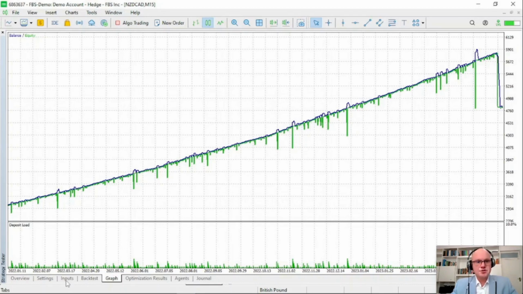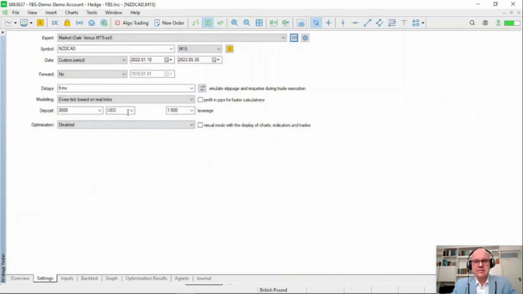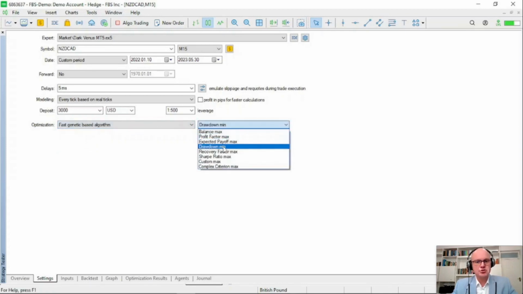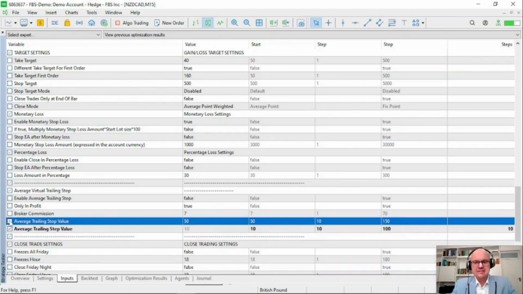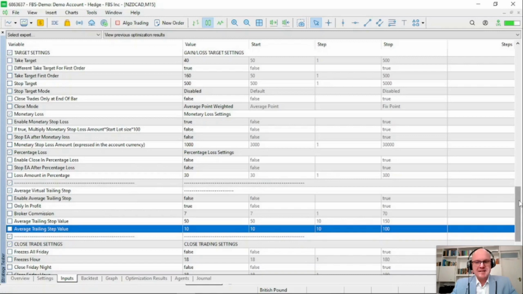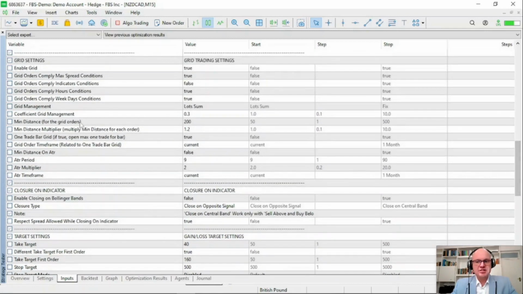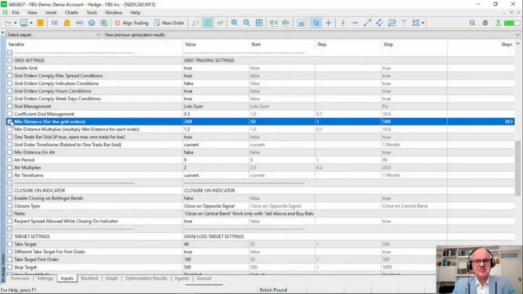That is an alternative that you can also adjust. However, for our trading series moving forward and the 3,000 balance, I'm only going to have a set stop loss of 1,000 for each grid. Again, I'm going to select the drawdown minimum option, and this time fast genetic. First make sure to unselect all of the other options that you have, otherwise we'll have a lot of steps and it will take a lot of time.